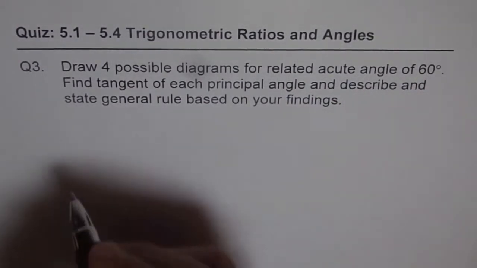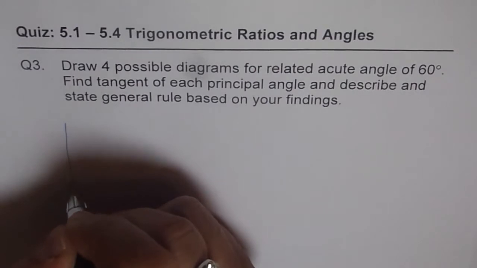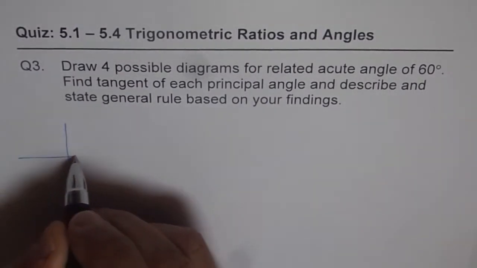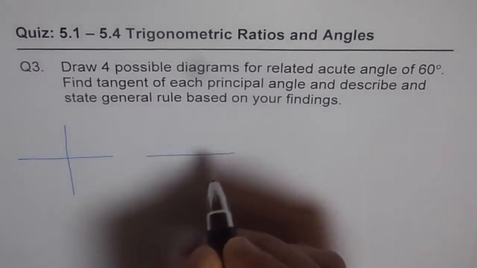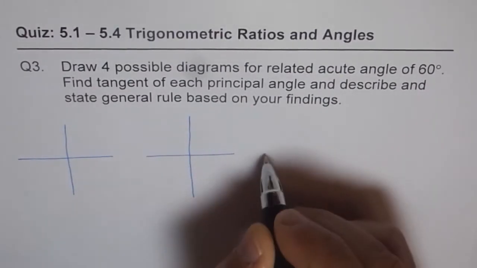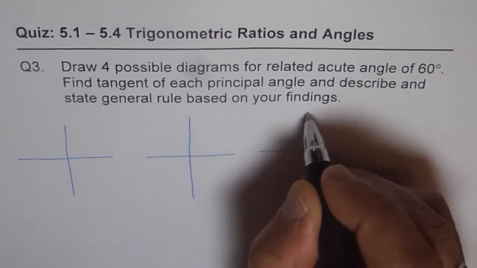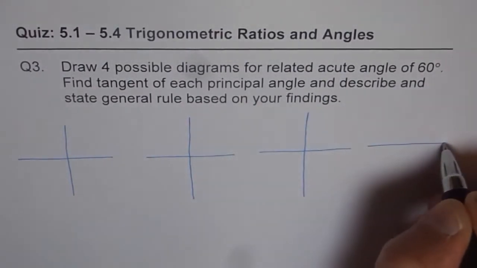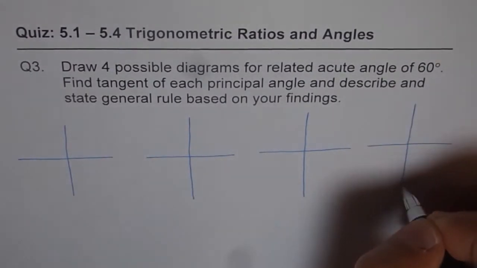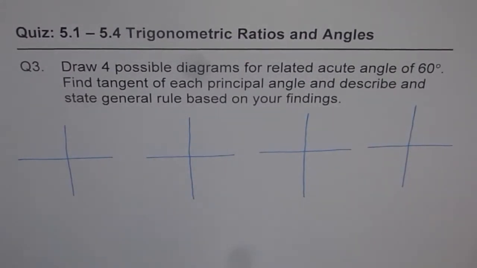So let me make 4 coordinate axes here, right? So 1, 2, 3, and this is the 4th one. So we are interested in drawing related acute angle of 60 degrees.